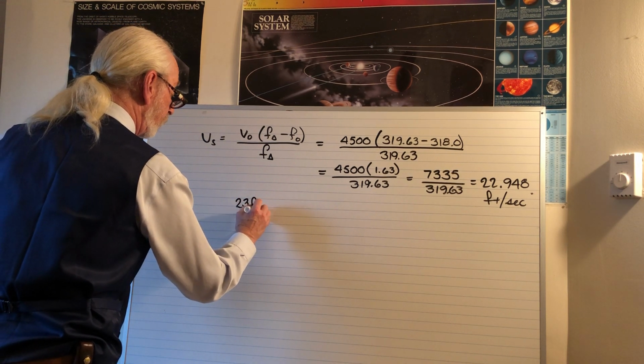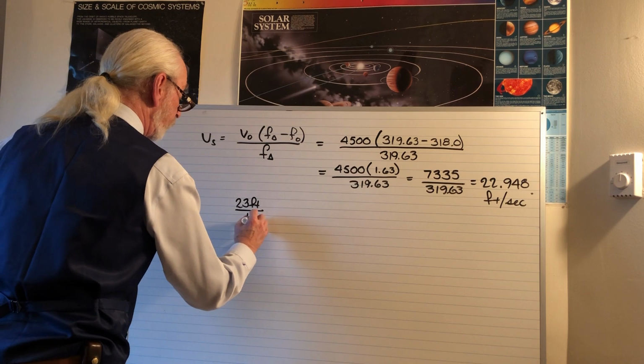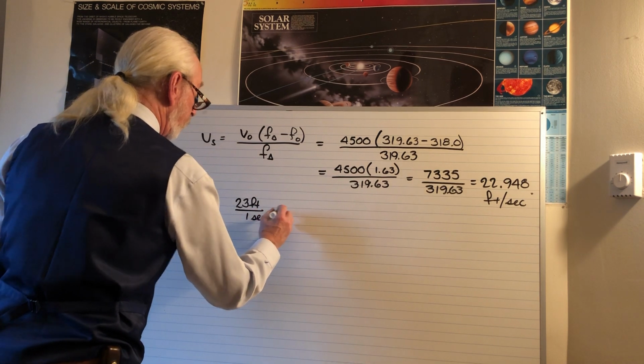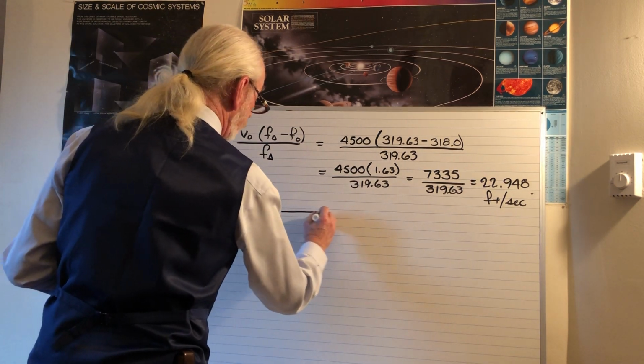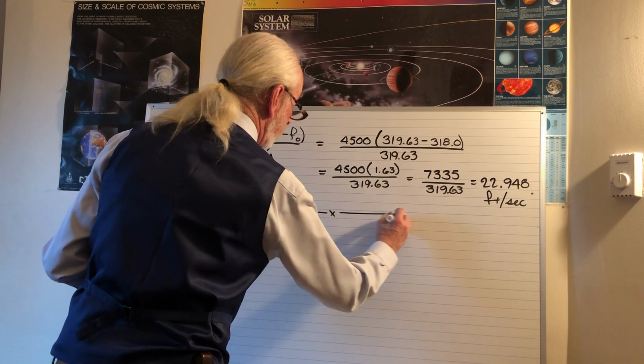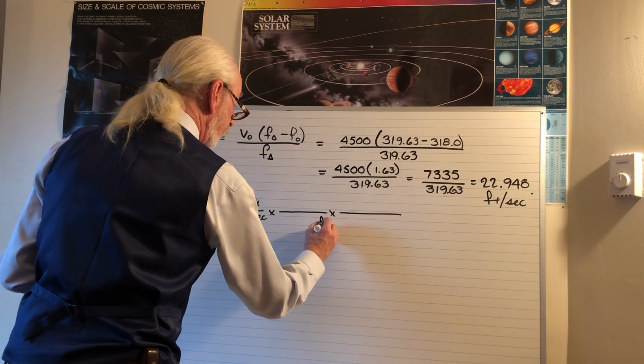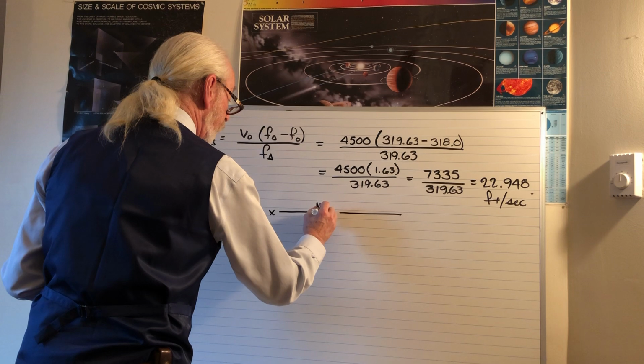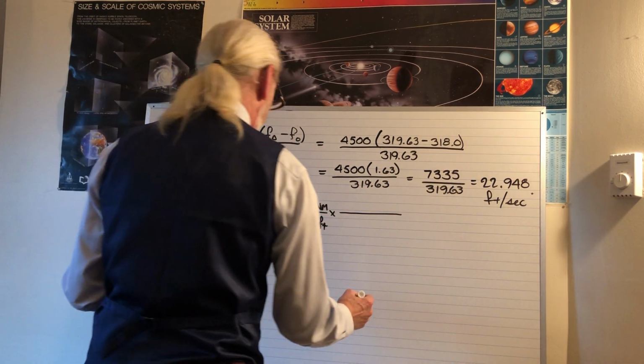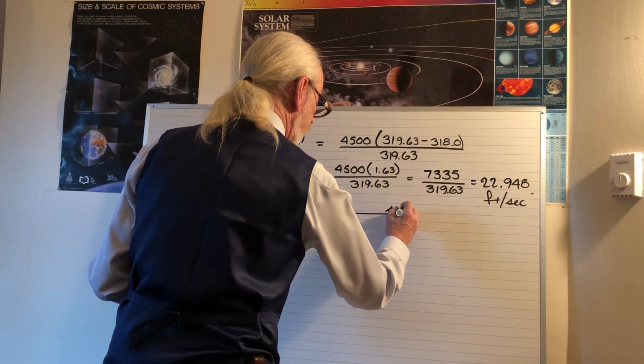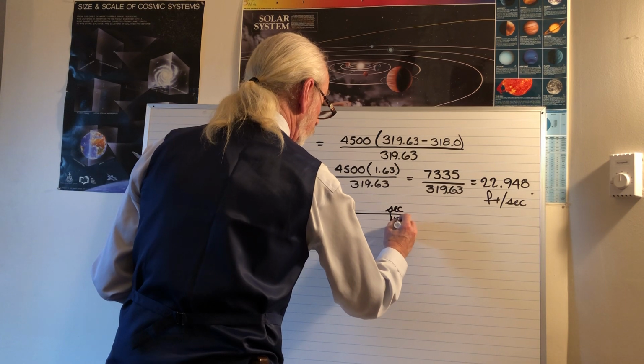23 feet per 1 second. Feet, I'm going to replace that with a nautical mile. Second, replace that with an hour.